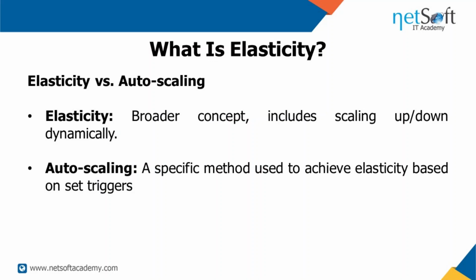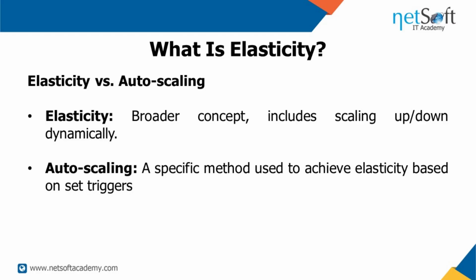Now, let's compare elasticity with autoscaling. They're very close to each other, guys. Elasticity is actually a broader concept involving the dynamic scaling of resources based on changing workload. It includes both scaling up and scaling down.